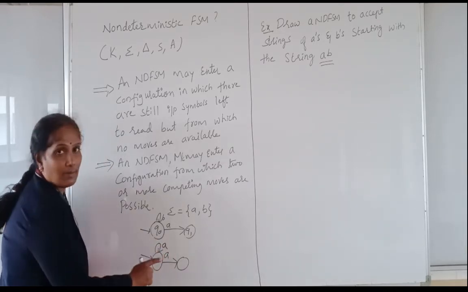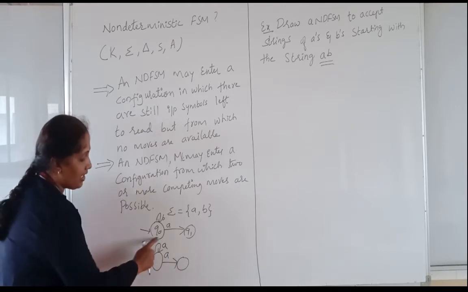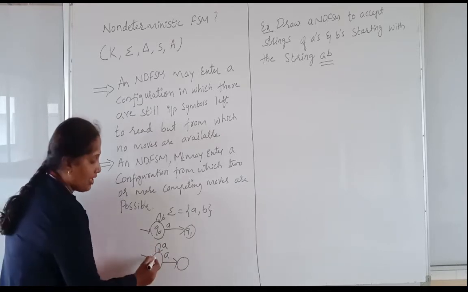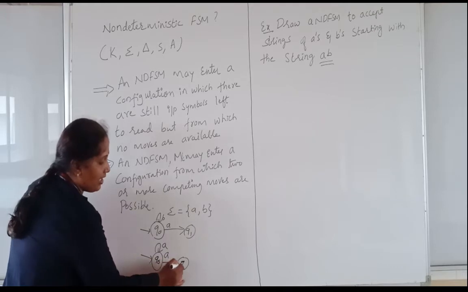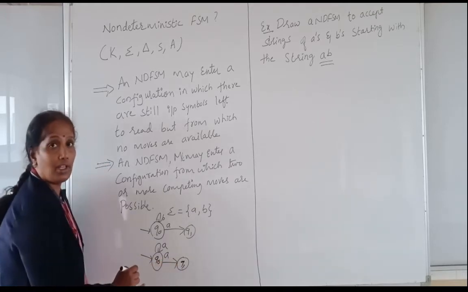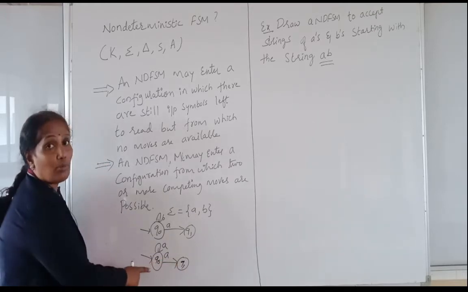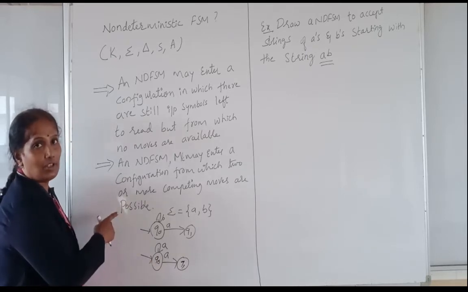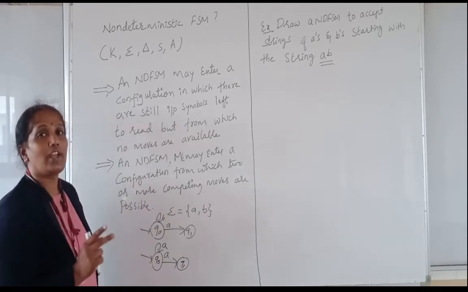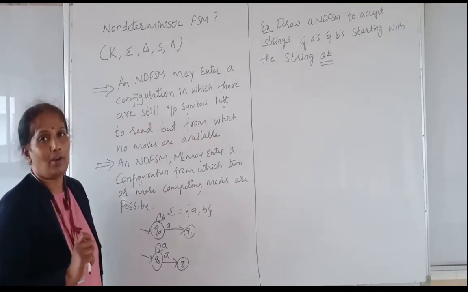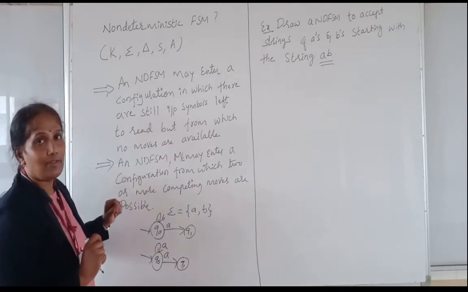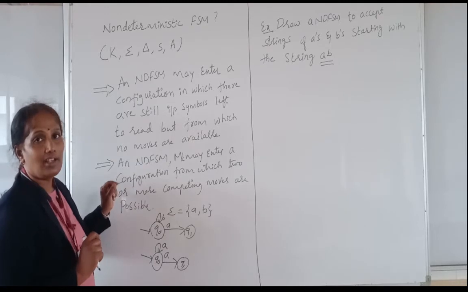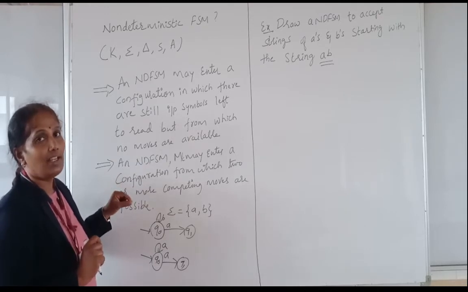See, here I had shown the A transition as a loop for this state and one more transition to the next state. This is not possible in a DFSM, but you can do this in an NDFSM. So more than one transition can be shown for the same alphabet. That is the second difference. These two are the important differences between DFSM and NDFSM.